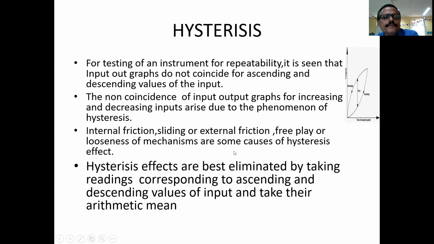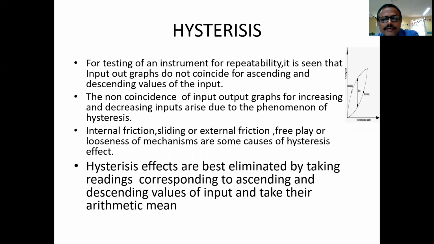They are not coinciding. The non-coincidence of the input-output graphs for increasing and decreasing inputs arises due to the phenomenon of hysteresis. In practice, internal friction, sliding or external friction, sometimes free play in the instruments or looseness of the mechanisms are also some causes of hysteresis effects.